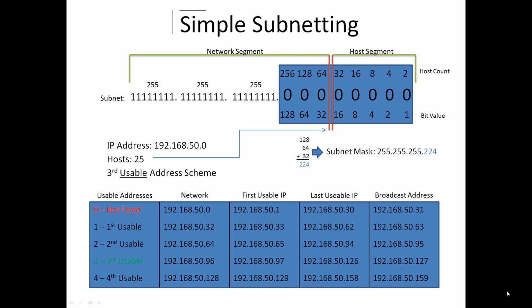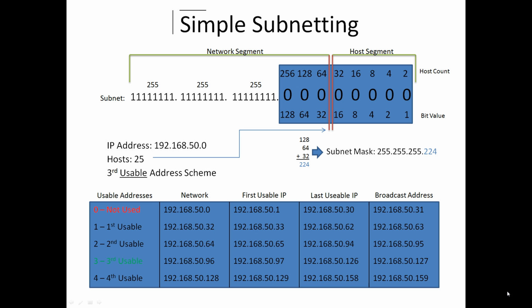So, now that you know that 32 is your network, you can take 32 and add 31 and you end with 63, which now shows you that your broadcast address for your first usable will now be 50.63. So now you automatically know your last usable IP address on that scheme is going to be 62.